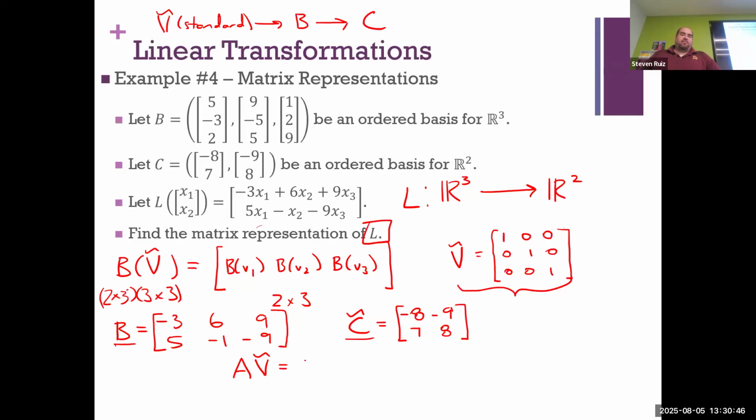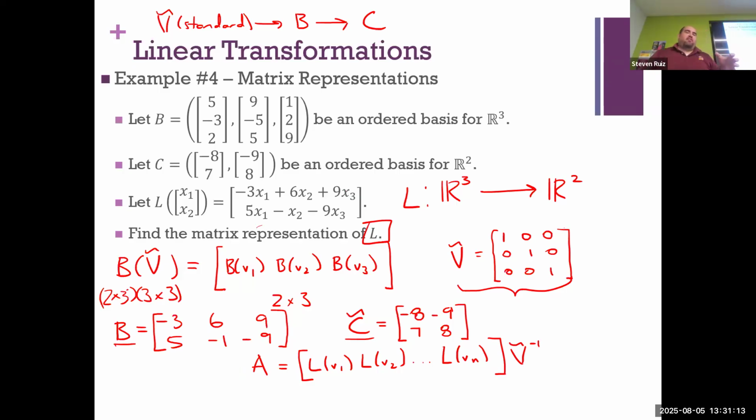AV tilde is equal to this matrix LV1, LV2, all the way up through LVN. But if we isolate A, this is what we're doing. So A equals this calculation here.